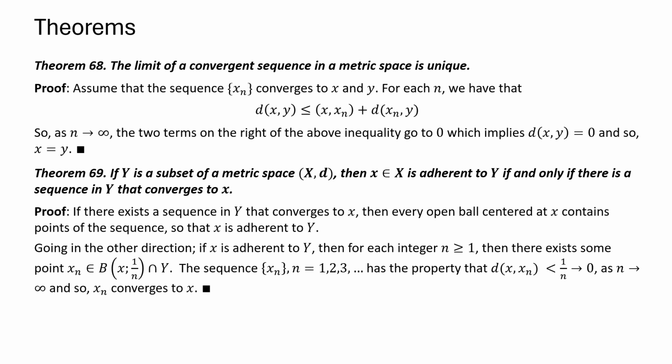And we're just selecting these radii 1 over n so that we can establish that there's a point in each one of these open balls intersected with Y. Then the sequence x sub n, defined here, has the property that the distance between x and x sub n is less than 1 over n, and that approaches 0 as n approaches infinity, so x sub n converges to x.